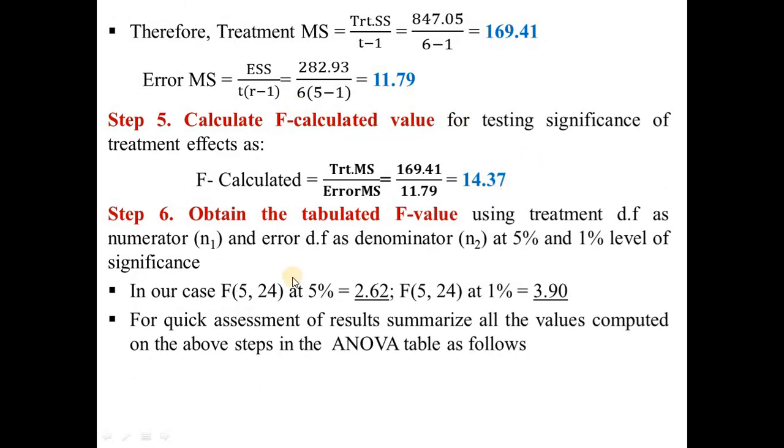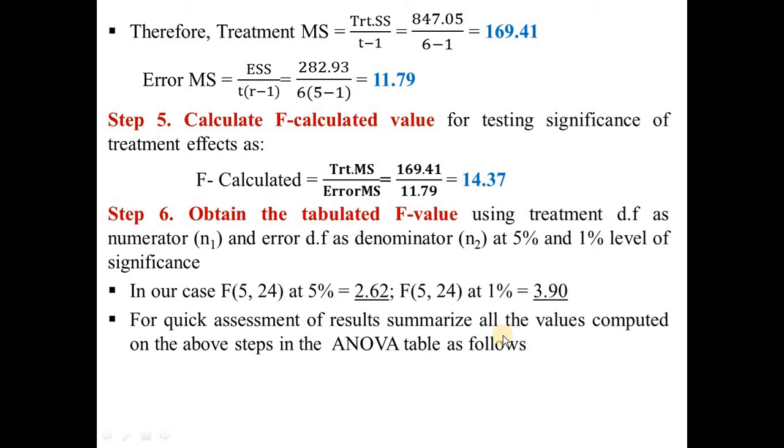So we have to read from the F distribution using 5 treatment degrees of freedom and 24 error degrees of freedom at 5%, and we will have 2.62, and a similar value at 1%, which is 3.90.